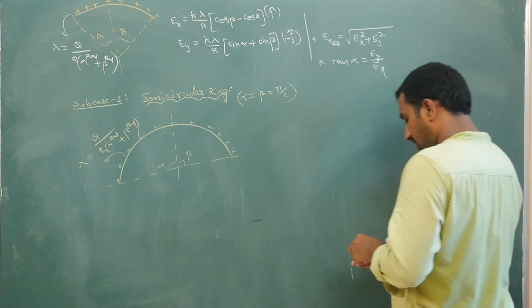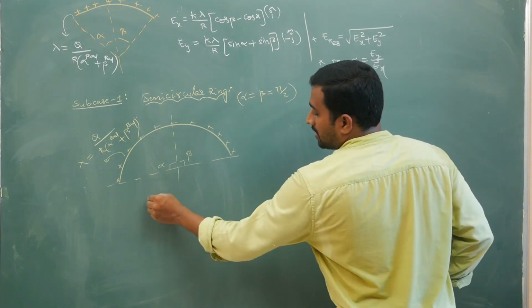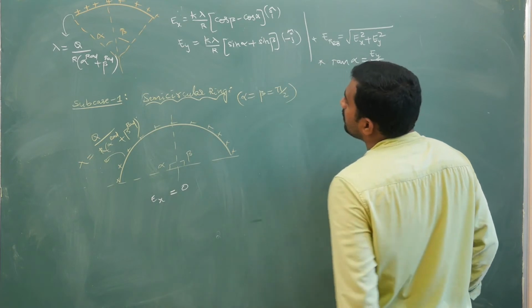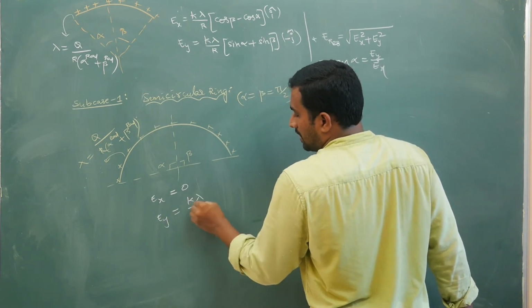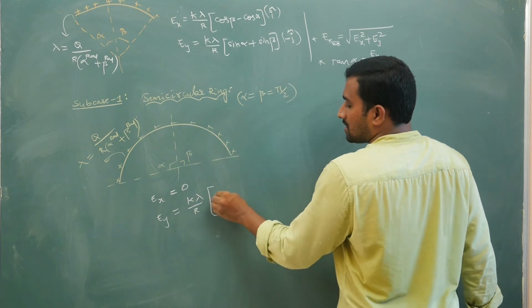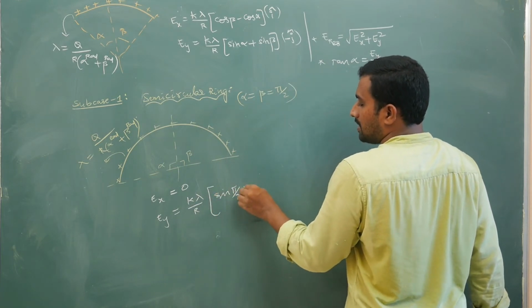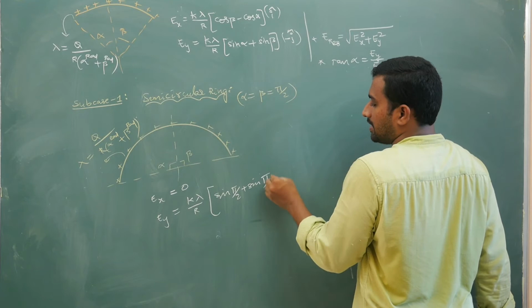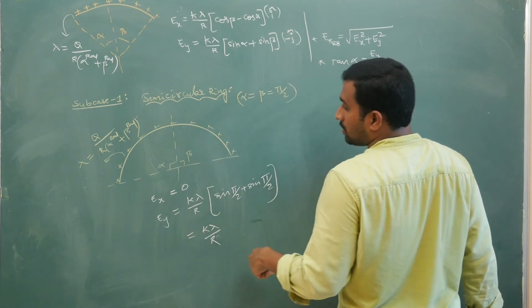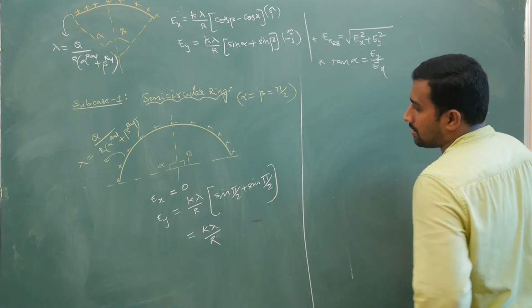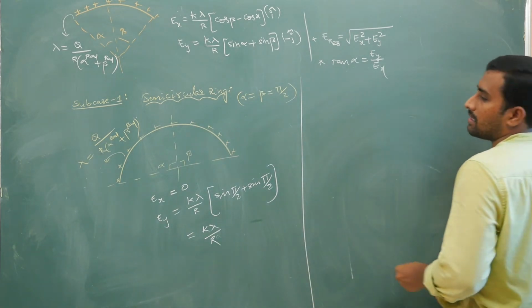Because of which your Ex value is cos 90 minus cos 90, it is 0. Your Ey value is k lambda by r times sin pi by 2 plus sin pi by 2. Sin 90 plus sin 90 is equal to 2. So that will give you Ey is equal to 2k lambda by r. That is because of a semicircular ring.